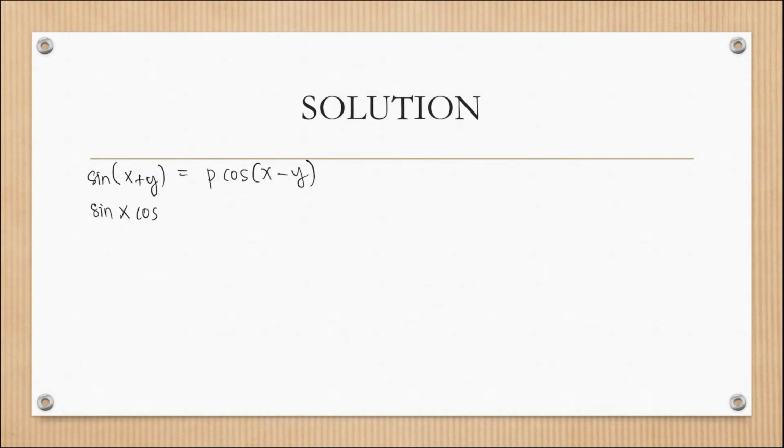Sin x plus y is sin x cos y plus sin y cos x. And cos x minus y also by compound angle formula, cos x cos y plus sin x sin y.